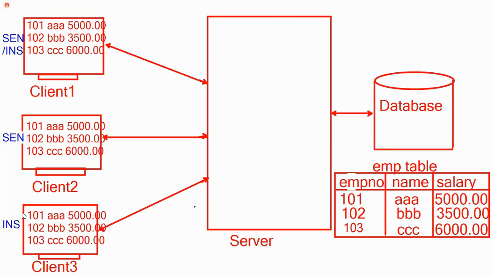Now, here, client 1 will update the salary. This person's salary is updated. Suppose he updated it to 4,500. Immediately what will happen?